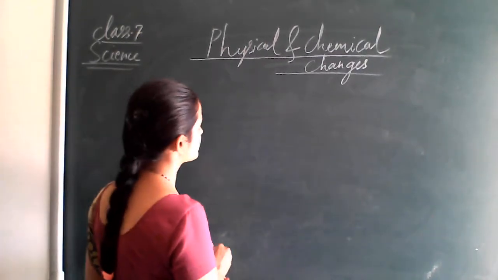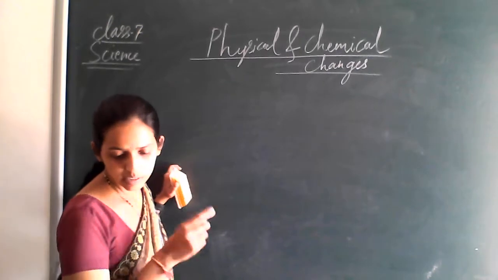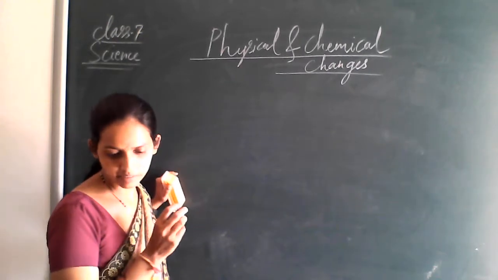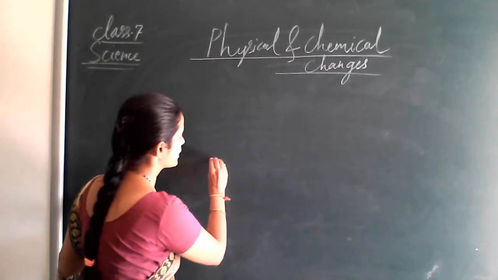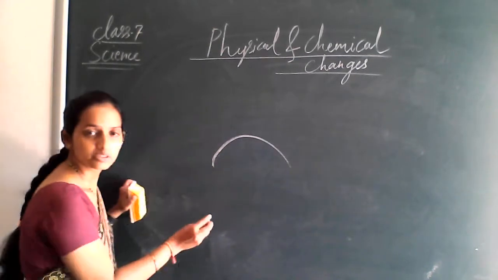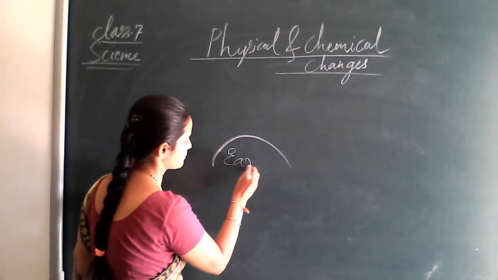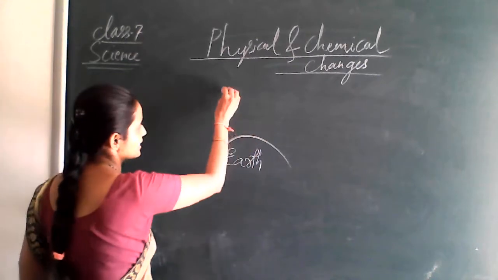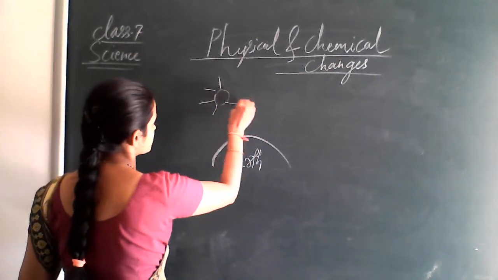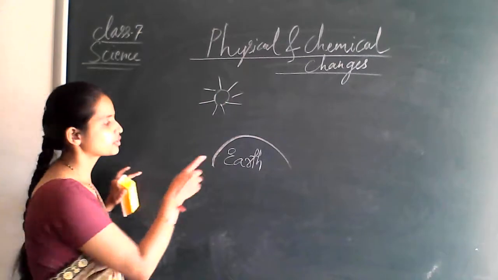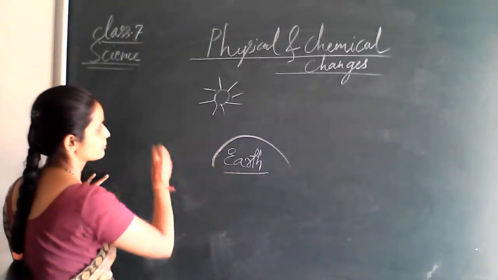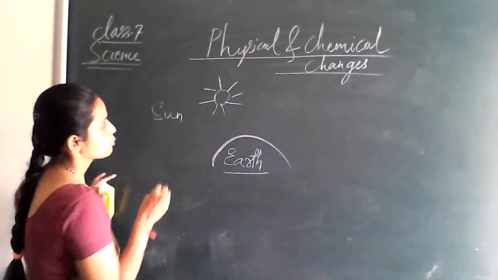So what they have given as the example, the blue box, is a protective shield, right? So there is your Earth. This is your Earth, and this is your sun. What happens?